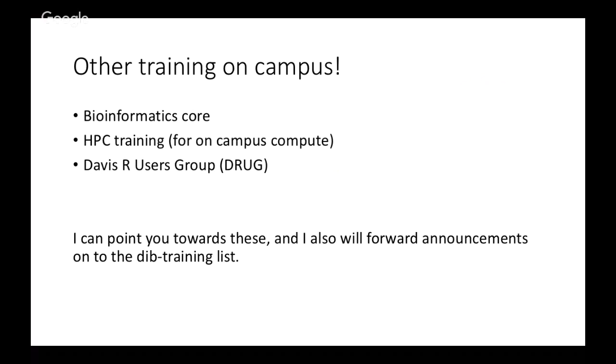And I'm happy to point you towards these if you have questions. The Davis R users group, I think, is every Thursday, and I forget what time exactly. They do everything, not just biology, although there is a lot of biology in it, biologists in it. And I generally forward announcements onto the training list if you're on that. And I forgot to put up the schedule slide.